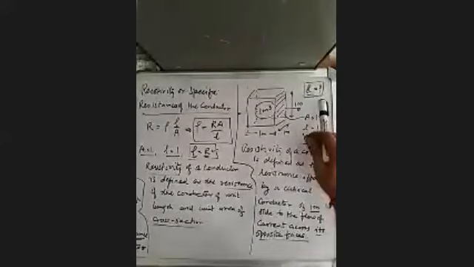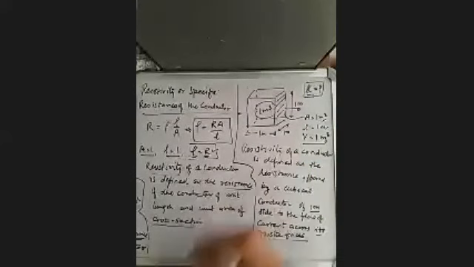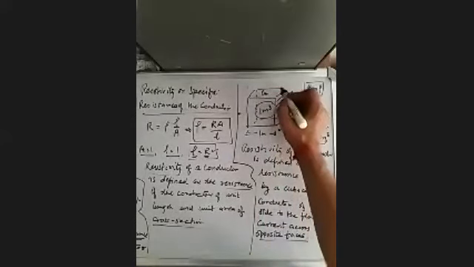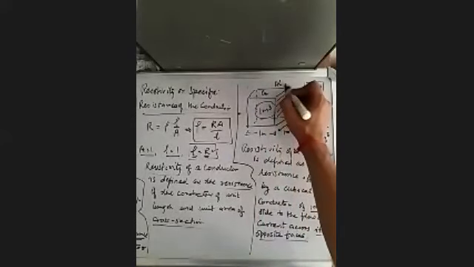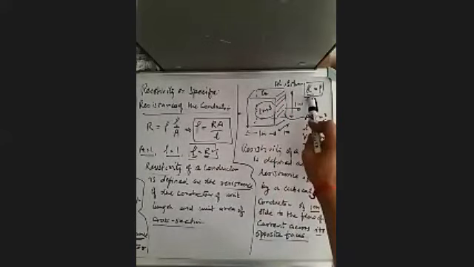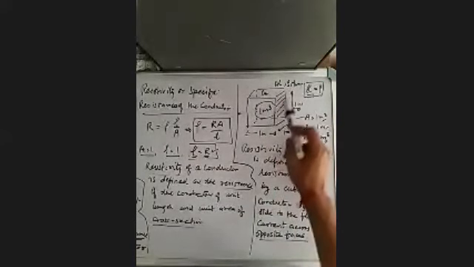So we take a cubical conductor of 1 meter side of copper, we can take one of aluminium, one of silver, and so on. And we keep on putting this in the circuit and finding out the resistance. The resistance of each one of these will be different because the nature is different.